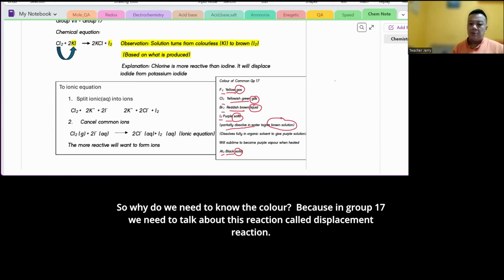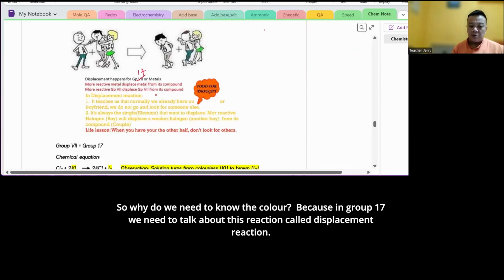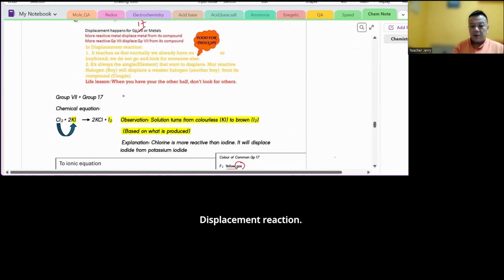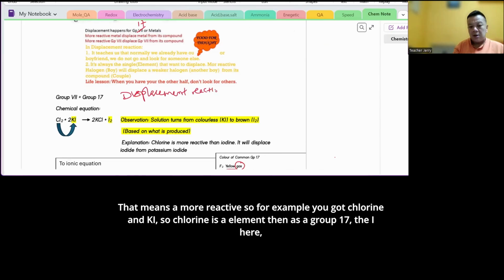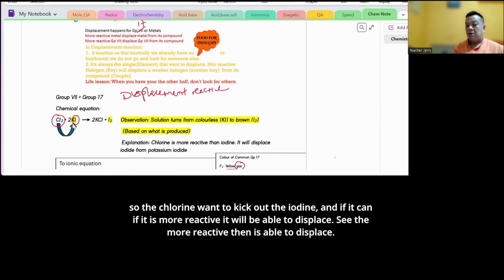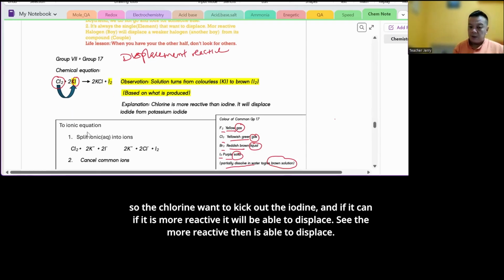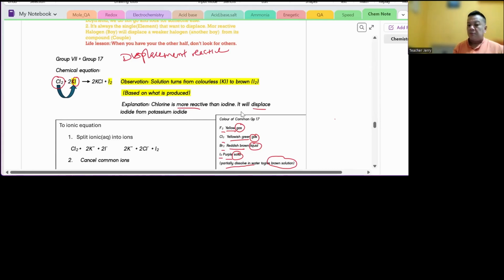So why do we need to know the color? Because in group 17, we will talk about a reaction called displacement reaction. Displacement means a more reactive element displaces a less reactive one. For example, you have chlorine and KI. Chlorine is an element, and then there's another group 17 element, the I here. Your chlorine wants to kick out iodine, and if it's more reactive, it will be able to displace it.